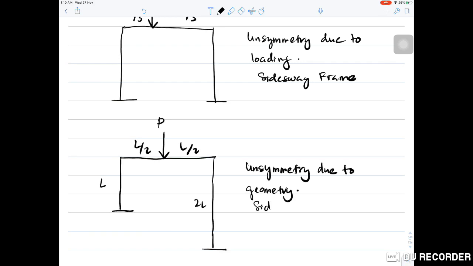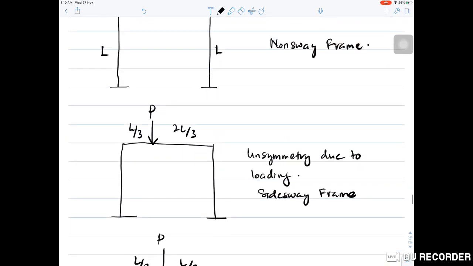So this is also a sidesway frame. Unsymmetry due to geometry does not only depend on the column length. Sometimes EI is not constant, let's say EI for column AB is EI, and EI for column CD is 2EI. Because I comes from the cross section, a different I means the geometry is not symmetry as well.